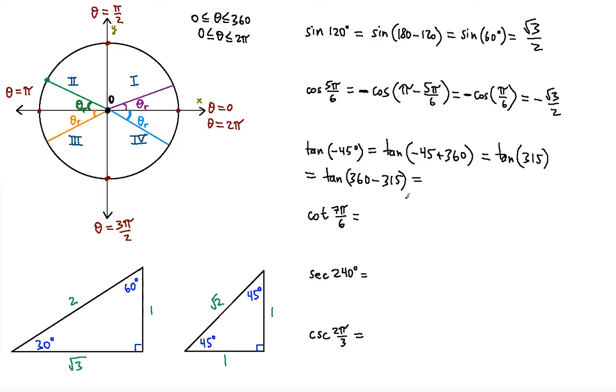Notice that all your reference angles are going to be in the first quadrant, right? That's the nature of doing it. So now, you have to always be careful, because look, in quadrant 4, the tangent is going to be negative. Why is that? Because tangent is the sine being divided by the cosine.